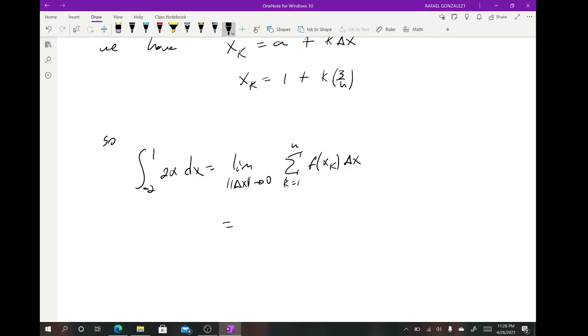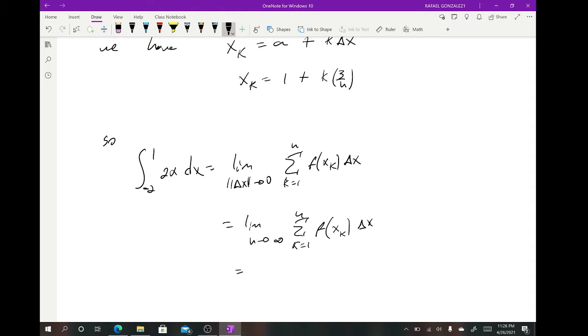Now, what is that equal to? Well, that is equal to the limit as n goes to infinity of the sum from k equals 1 to n of f of xk times delta x.